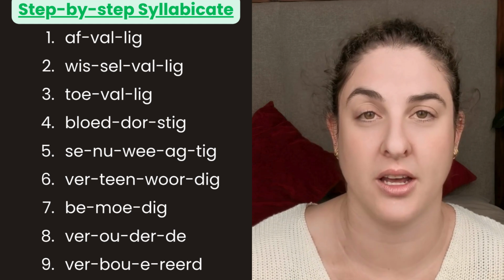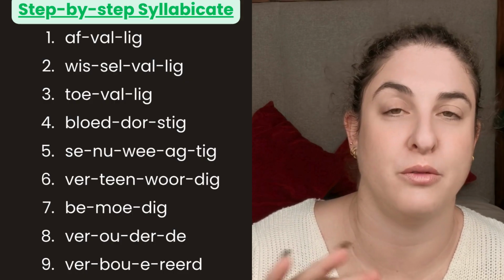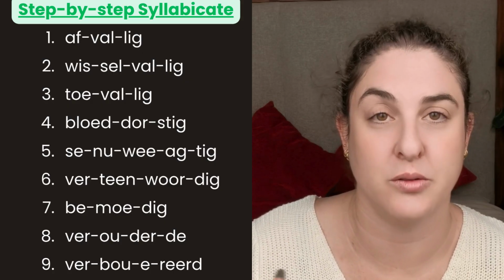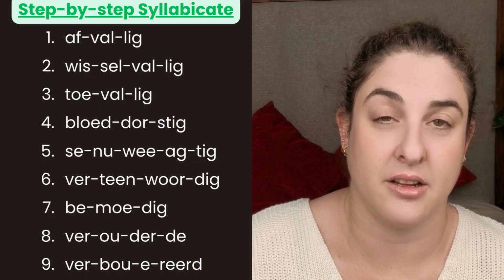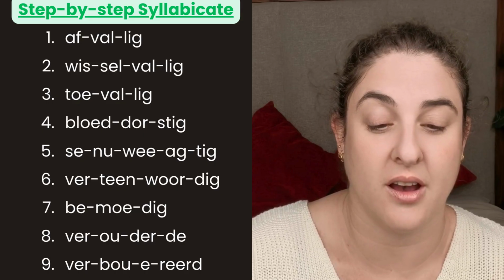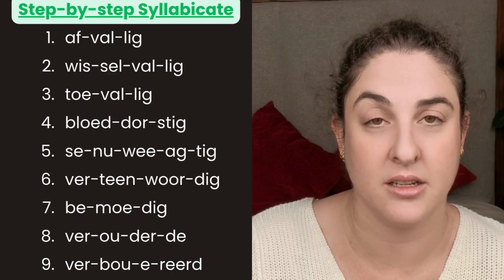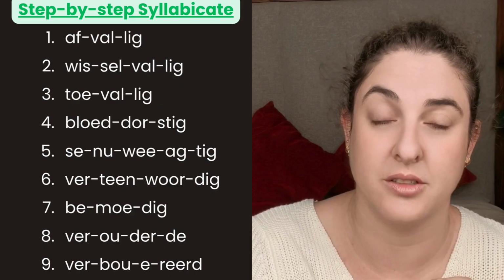Oud is a guy. Sometimes we use it to refer to old. So it's a word, so ver and oud, 2 syllables. What you are left with is derde, technically. And then you divide that one into 2. Der, de.